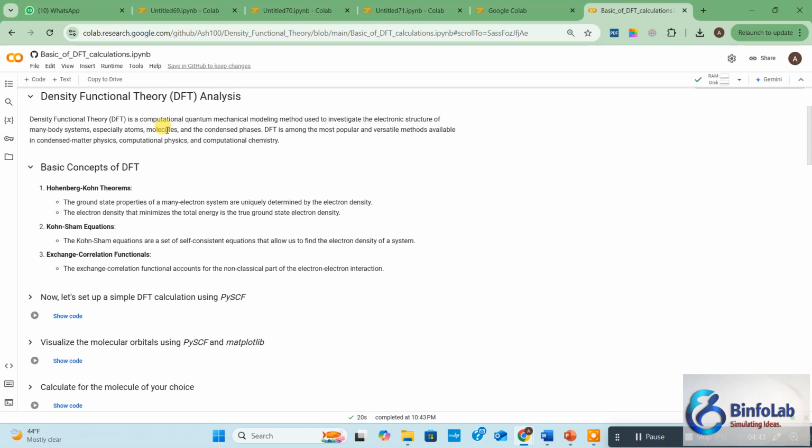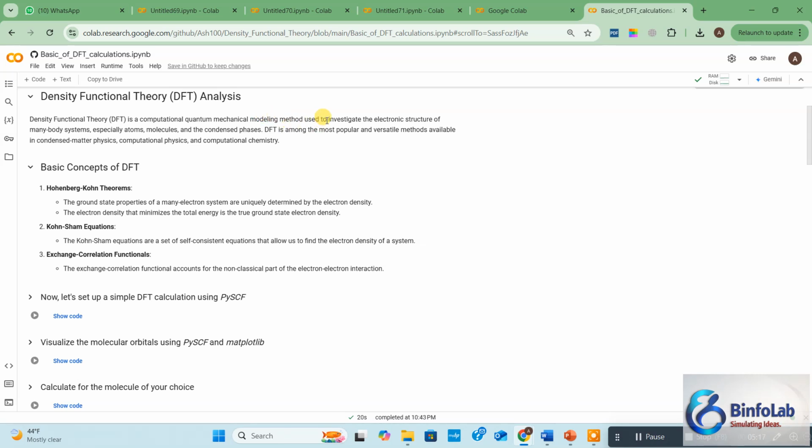Okay, so what is density functional theory? Let me tell you that in this session, I will also teach you the basics, somehow the basics, and we will also perform side by side. So actually the density functional theory analysis, or DFT analysis, is basically a computational quantum modeling or computational quantum mechanical method.